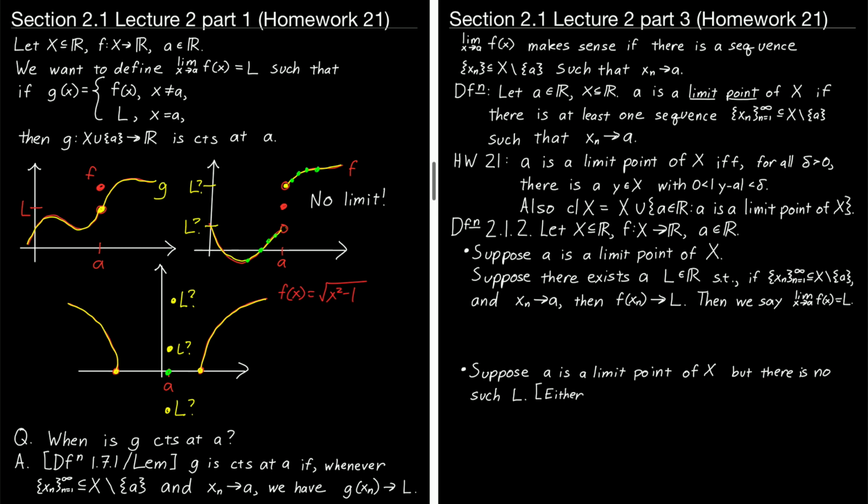Either you have a sequence of points in X but not A that converges to A, and such that f of xn is a divergent sequence, so it does not converge.